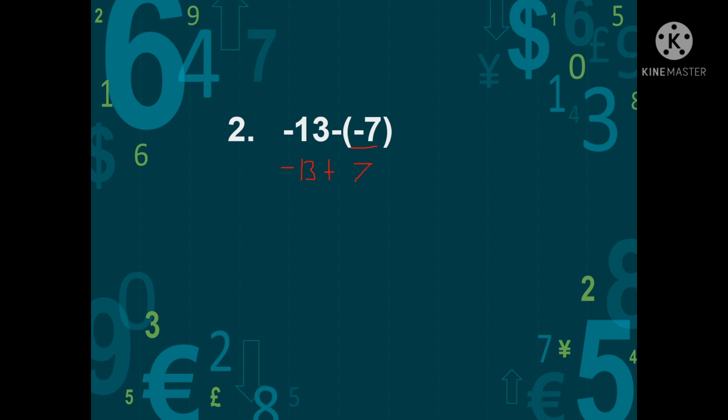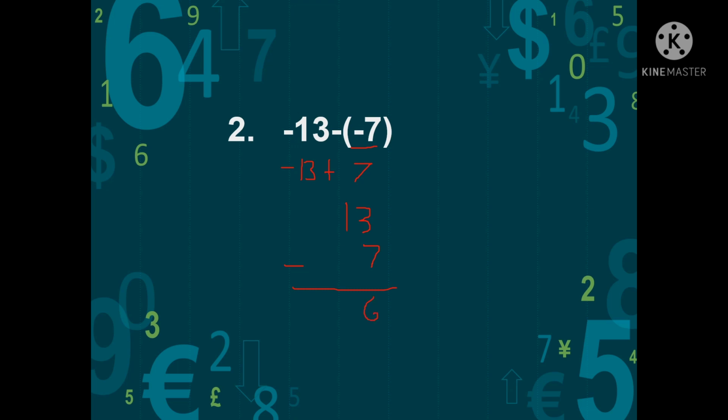Now after that, we will follow the rules of addition. So when two numbers have different signs, in addition, we will subtract them. So let's first copy the larger number for us to have an easy time to subtract. Minus 7. So the answer here is 6.